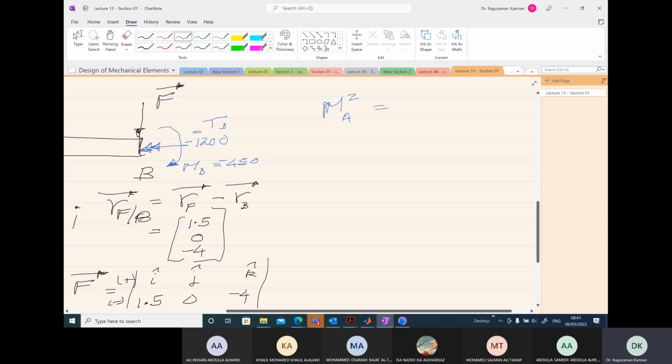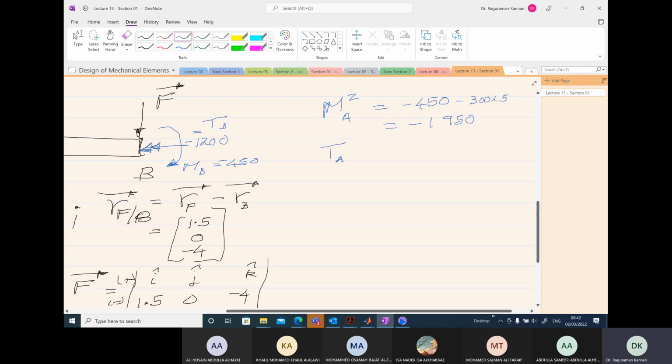So I'm going to write Z on the top. Minus 450, we get minus F 300 times 5 gives rise to 1500, minus 1950. So this is the bending moment we need to consider. And the torque value.